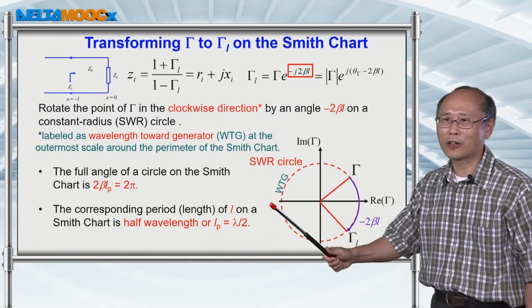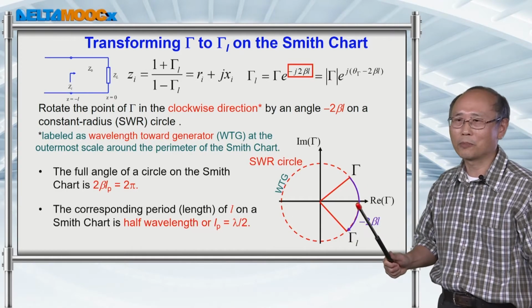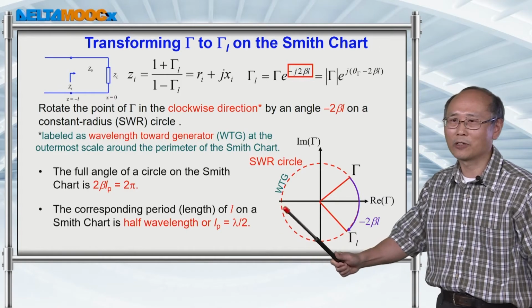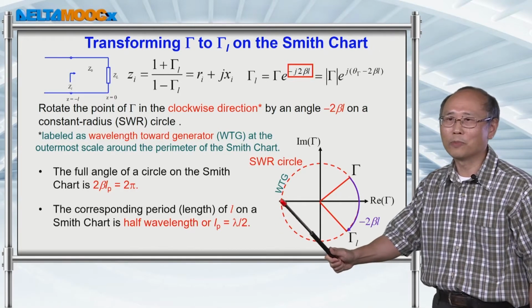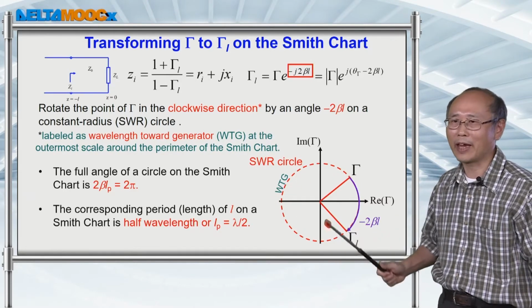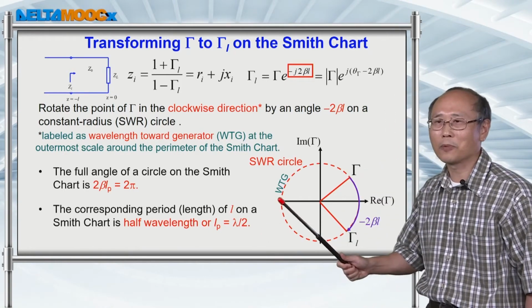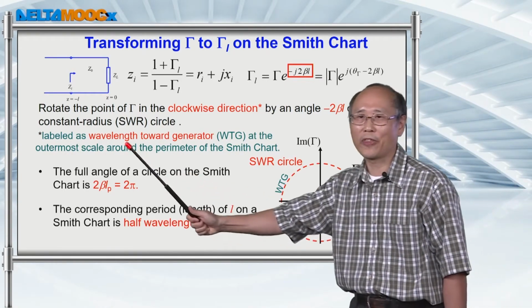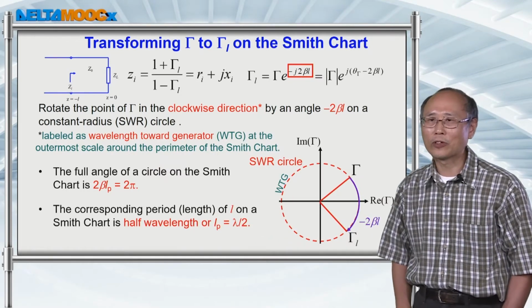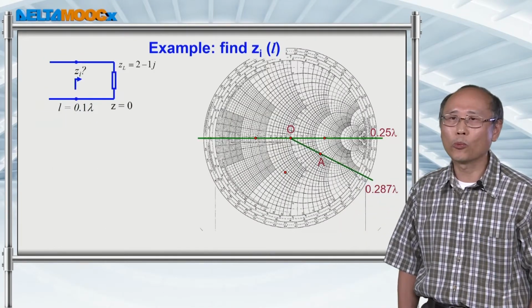So if you start from this point called 0, then at this point it's going to be a quarter wavelength. And if you continue to move down and back to the original location, then you will have moved half a wavelength all the way from this point and back to this point. That's why this scale is labeled as wavelength, because a full revolution of the circle gives you half a wavelength.